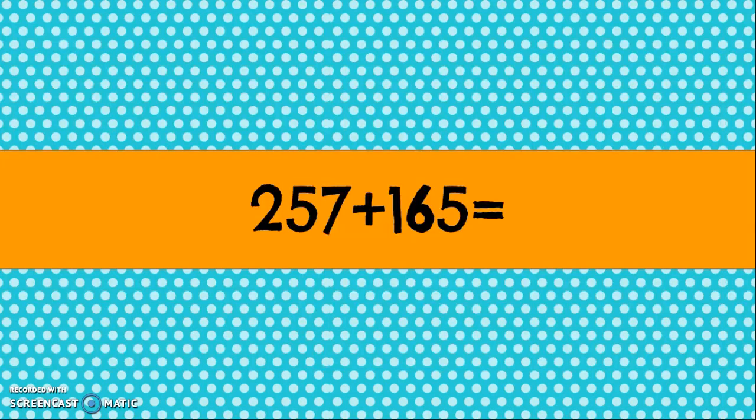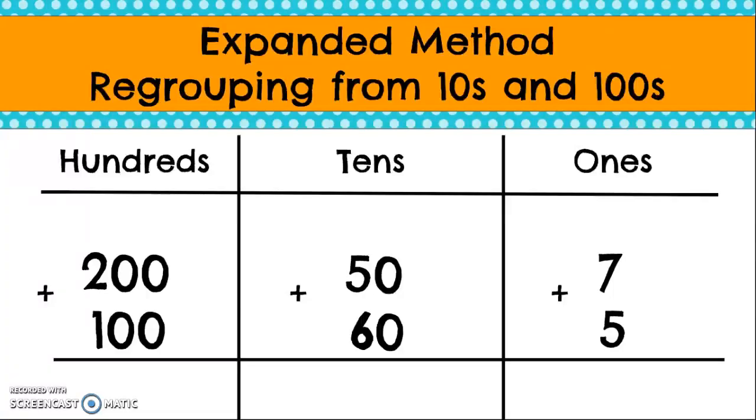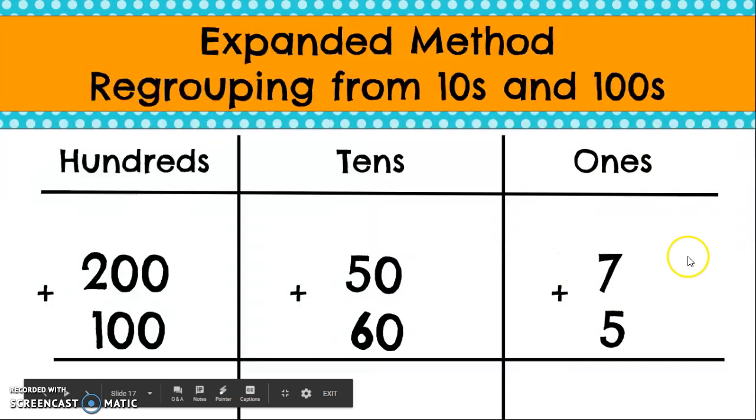Next, I'm going to show you the equation 257 plus 165. And here we are regrouping to your 10. You're regrouping ones to your tens place and then tens to your hundreds place. So again, you start in your ones place and add your ones.